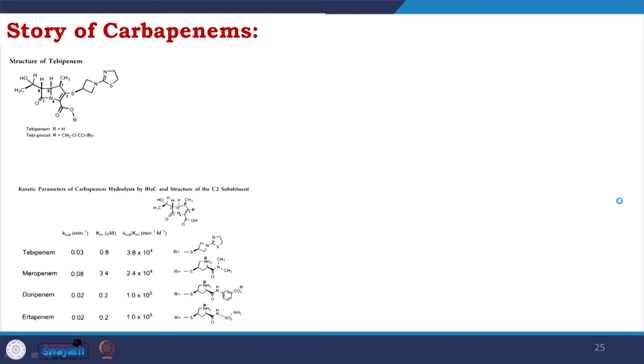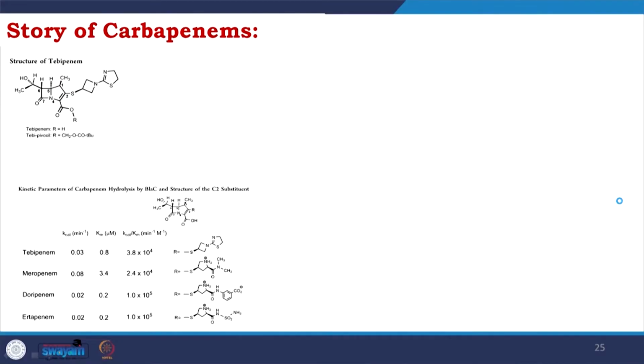Another story is about carbapenem, a novel carbapenem, a new carbapenem which is called tebipenem. Carbapenems have a very interesting story. If you look at them, they have changes in structure, so there are tebipenem, meropenem, doripenem, ertapenem.